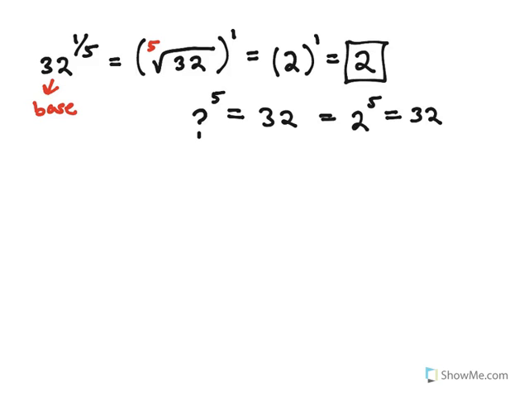Let's say we had 81 to the 1/4 power. I like to do it like this. I like to say, okay, the base goes inside the radicand. The index is 4, so the denominator is going to tell you what the index is, or the root.